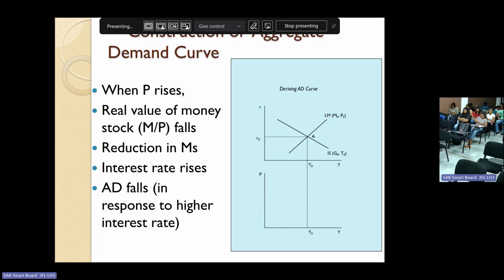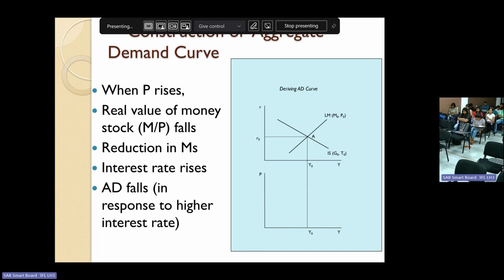When there is a decline in the money stock, what happens? That will increase the interest rate, so the LM curve shifts to the left. A decline in the real money balance, like a reduction in money supply, increases the interest rate in the money market.